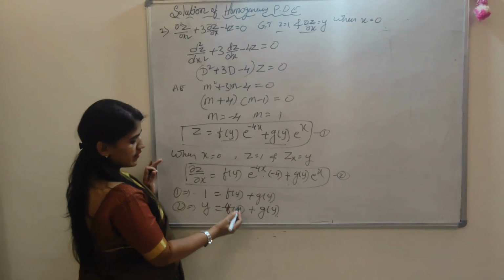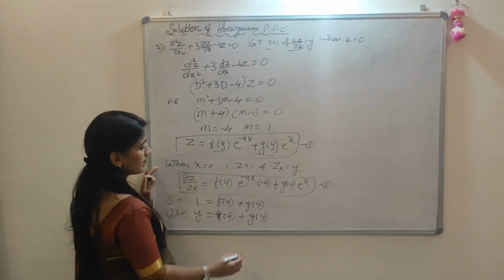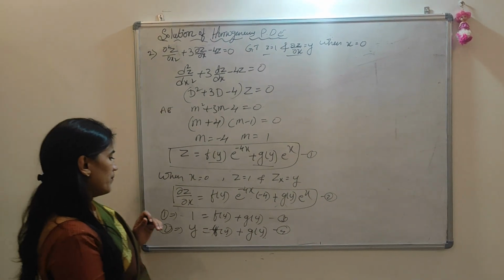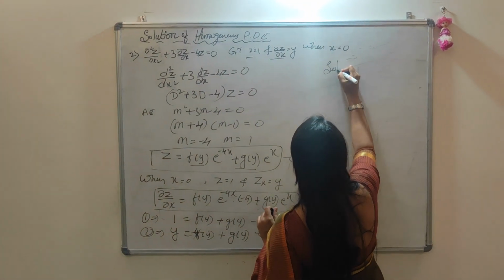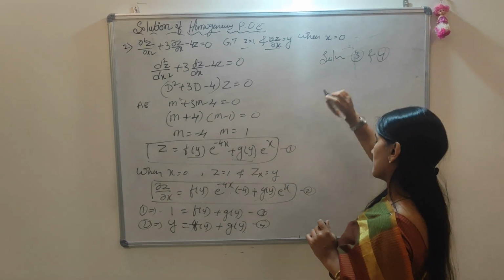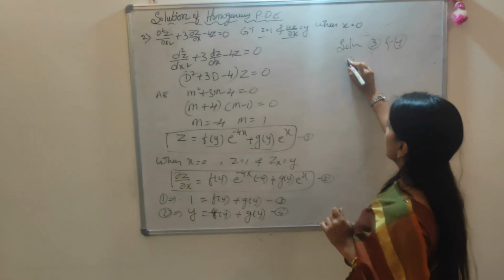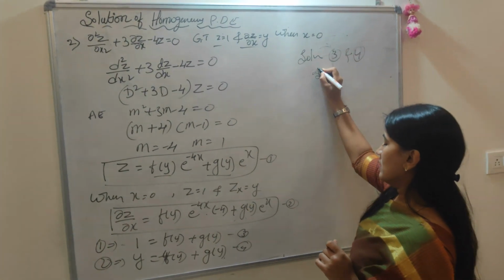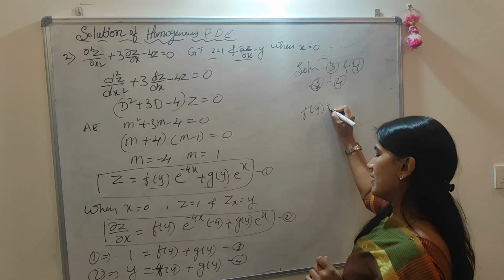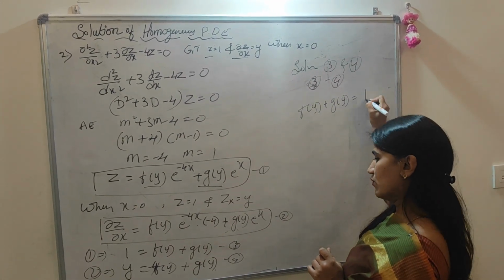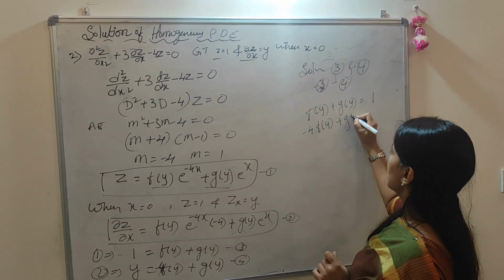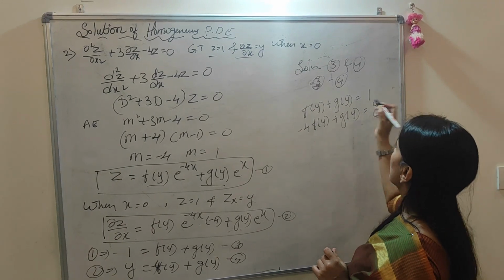So we have these two equations, which are simultaneous equations. We need to simplify them, solving equations 3 and 4. First, subtracting, equation 3 minus 4: f(y) + g(y) = 1, and −4 f(y) + g(y) = y.